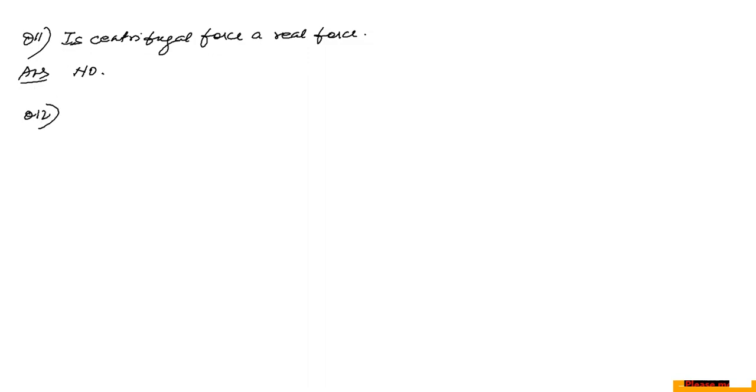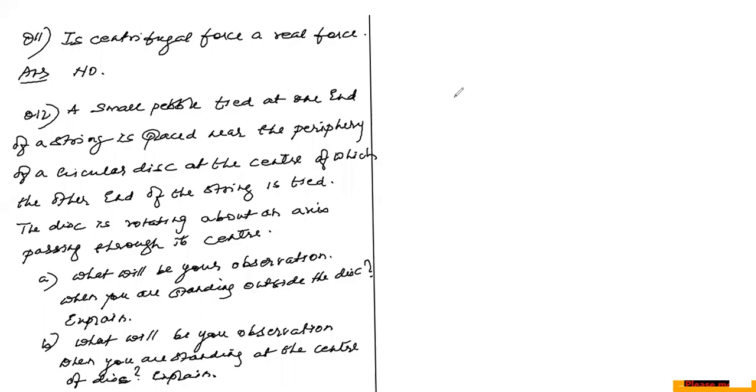Okay, now what does question number 12 say, children? A small pebble tied at one end of a string is placed near the periphery of a circular disc, at the center of which the other end of the string is tied. Okay, you can imagine this.